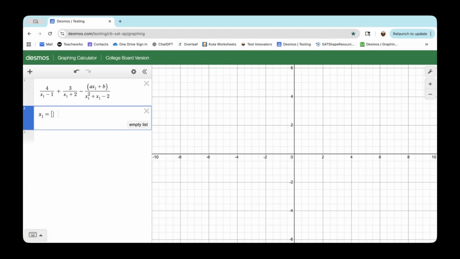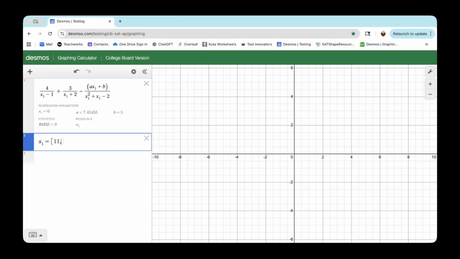So I'll just do, not that we would do these, 11, 12. And as long as I pick 2, it'll just work. That's all it's doing. It's solving it so quickly. But if I only pick one value, it just makes up a value that would work, but not necessarily the answer that we're looking for.